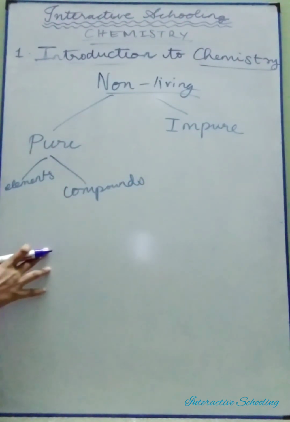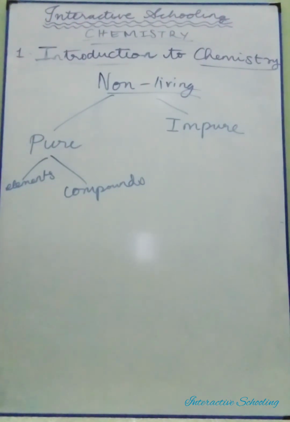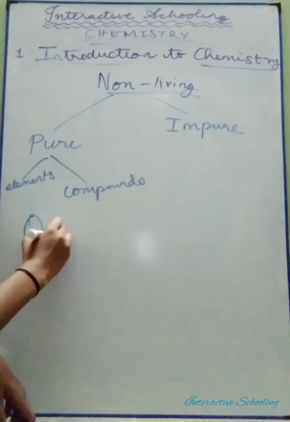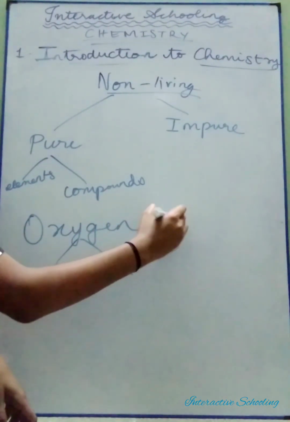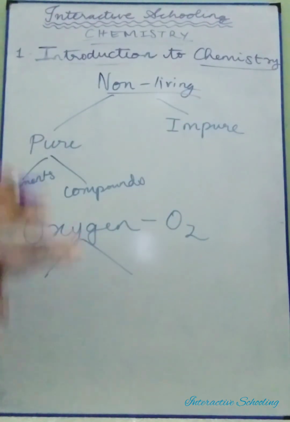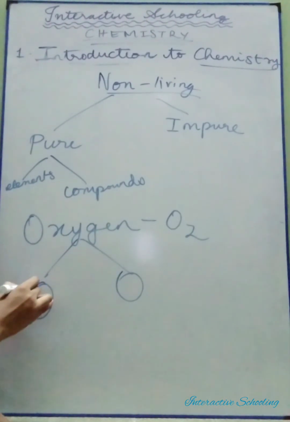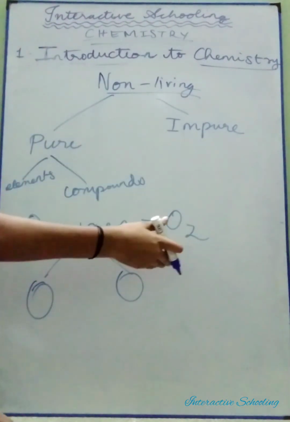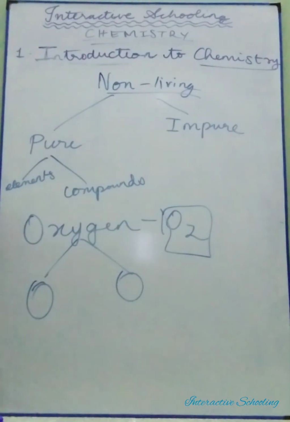So what's an element? An element is made up of the same kind of particles, for example, oxygen. Oxygen is O2, right? On dividing this oxygen molecule further, you will get two oxygen atoms which also exhibit similar properties of the initial oxygen molecule.